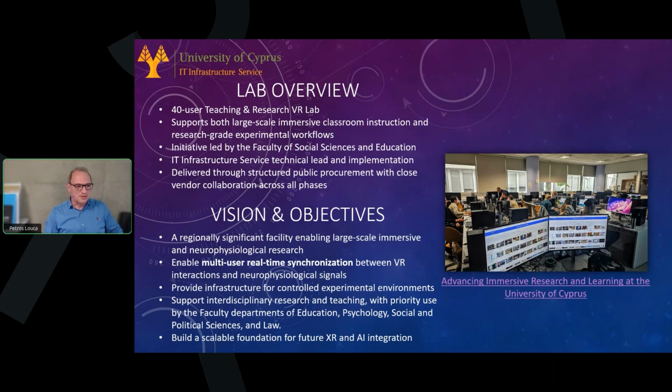Regarding the vision and objectives of the lab: to create a regionally significant facility that enables large-scale, immersive, and neurophysiological research; to enable multi-user real-time synchronization between VR interactions and neurophysiological signals; to provide infrastructure for controlled experimental environments and support interdisciplinary research and teaching, with priority to be used by the faculty's four departments, which are the Department of Education, Department of Psychology, Department of Social and Political Sciences, and Department of Law.